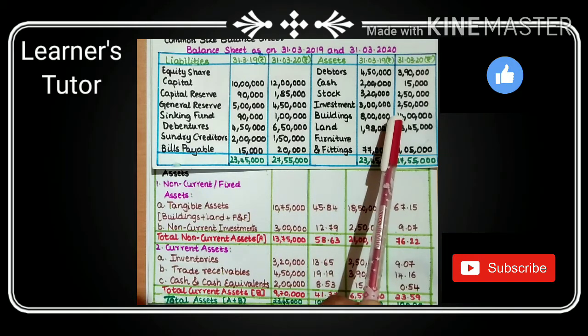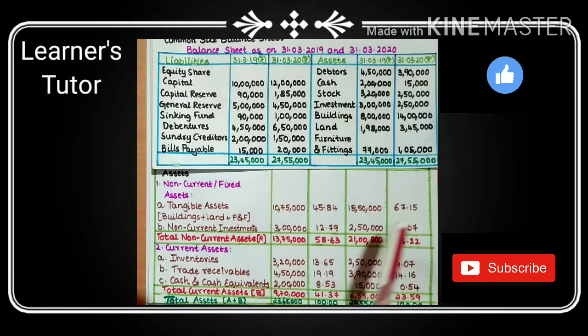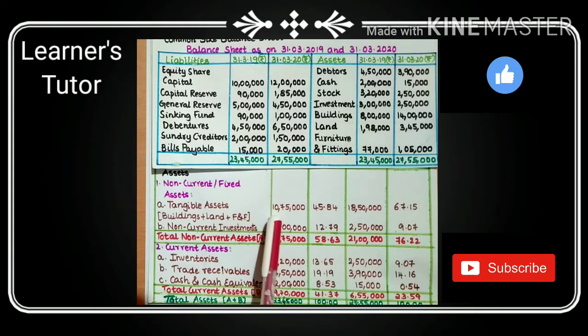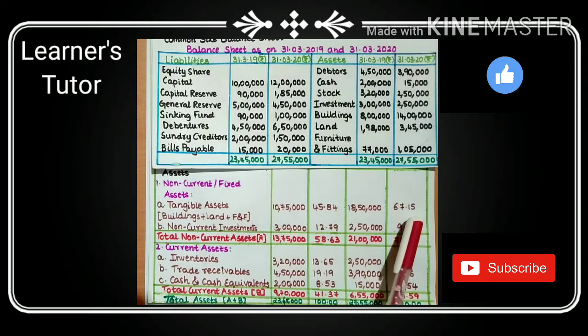Next, 14 lakhs, 3,45,000, 1,05,000 will give you 18,50,000. Total assets is 100% and 100%. So 10,75,000 divided by 23,45,000 into 100 is 45.84%. 18,50,000 divided by 27,55,000 into 100 is 67.15%.